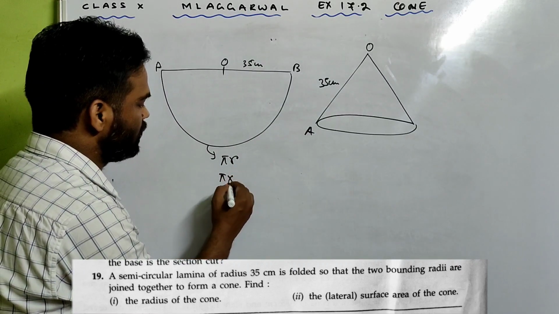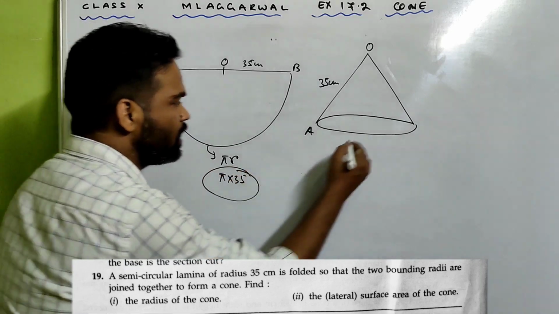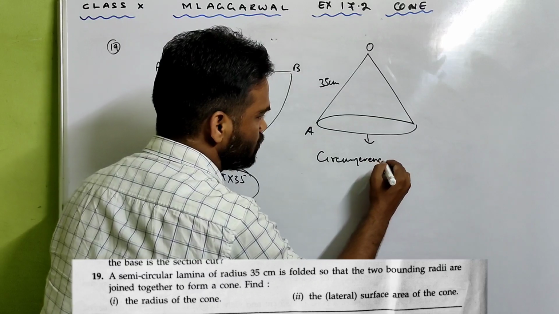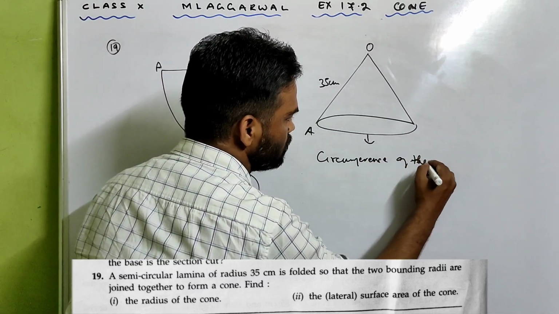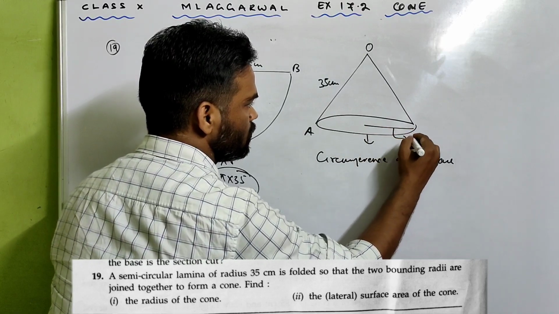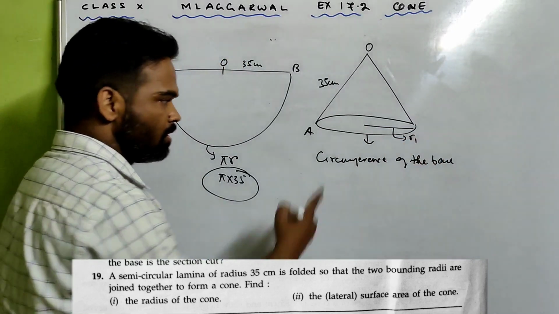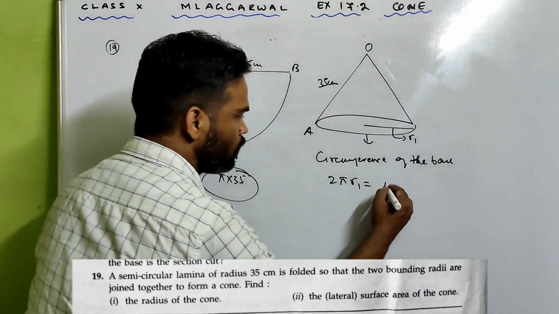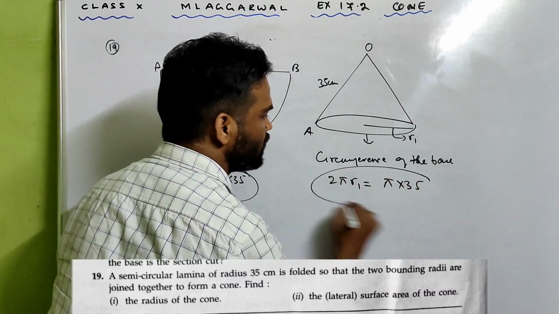So this pi r means pi into 35, and this will be equal to the circumference of the base of the cone. Suppose this is R1. Then can I write 2 pi R1 is equal to pi into 35? Try to understand.